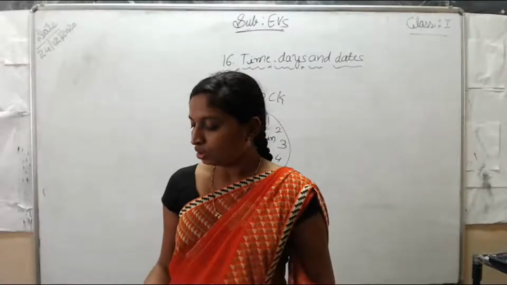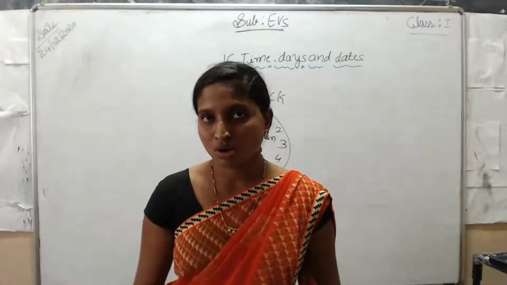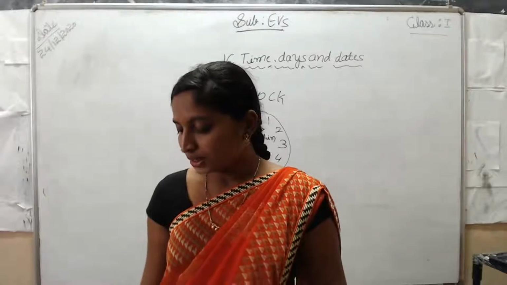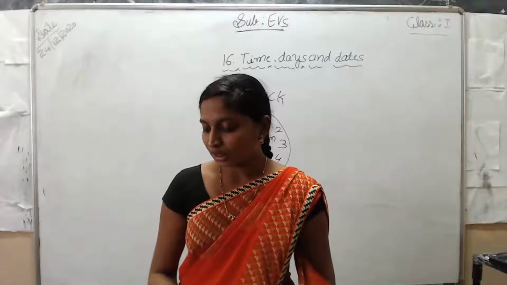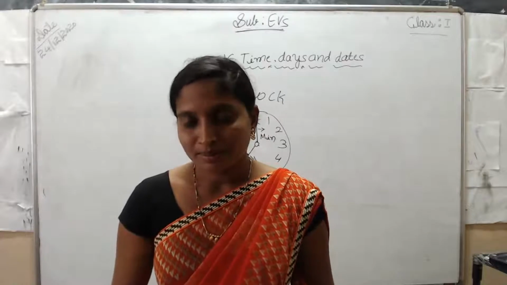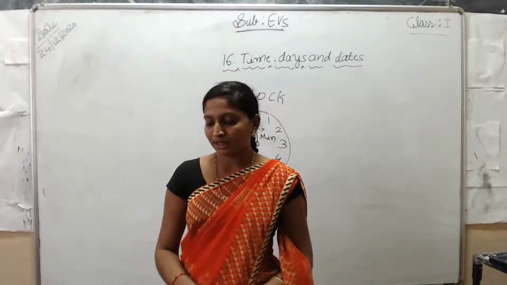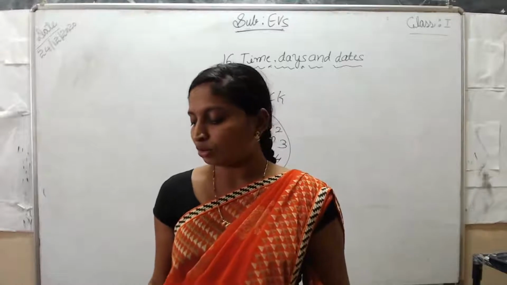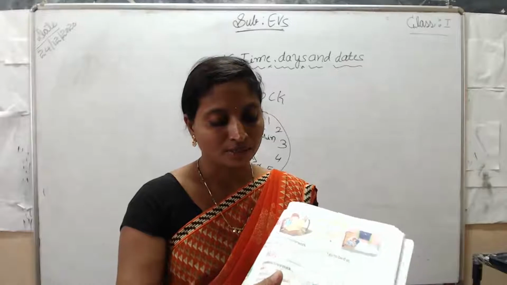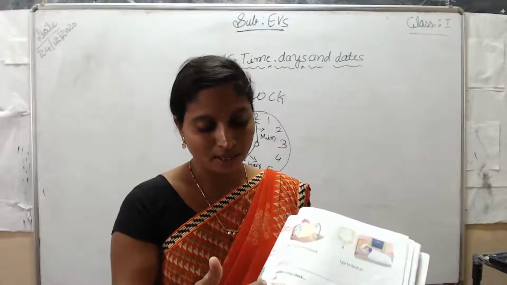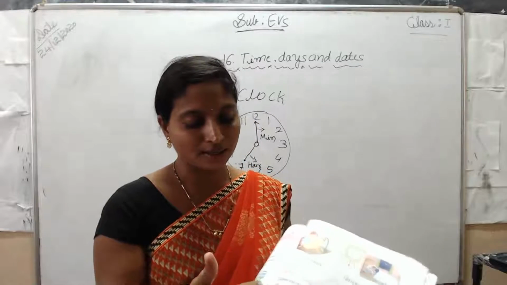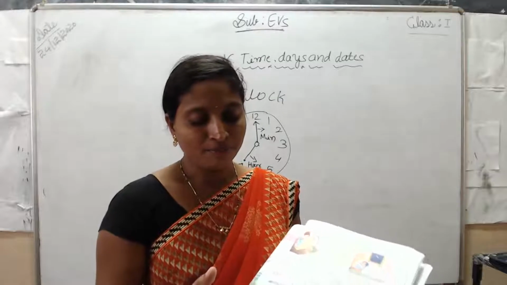We have to prepare a clock. What are the materials given? Let us make a toy clock. What are the materials? Colored thick paper. You have to take it. Next, a pair of scissors.